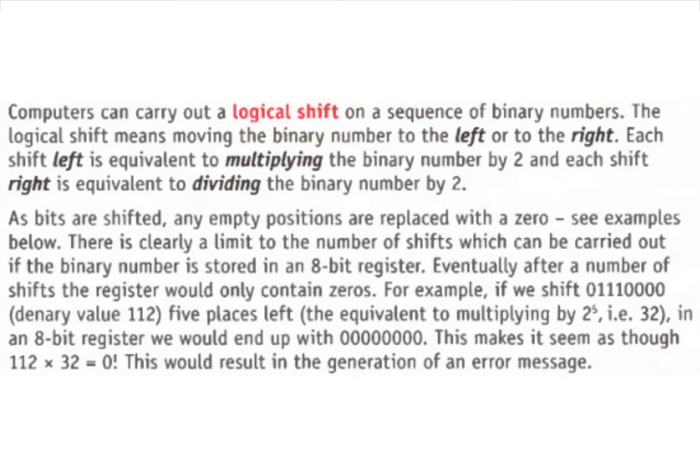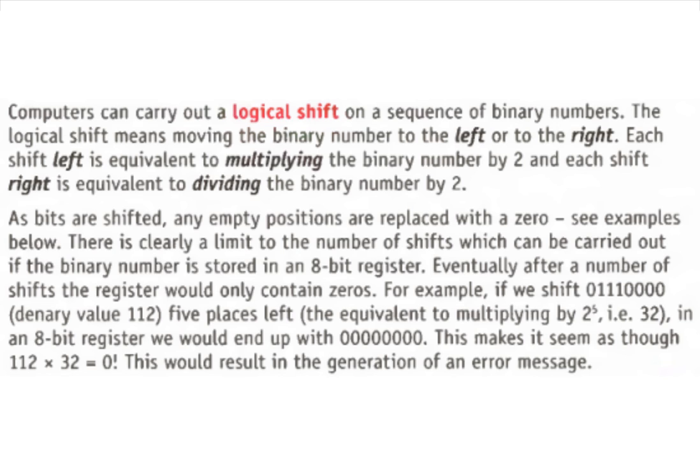There is clearly a limit to the number of shifts which can be carried out if the binary number is stored in an 8-bit register. Eventually, after a number of shifts, the register would only contain zeros.